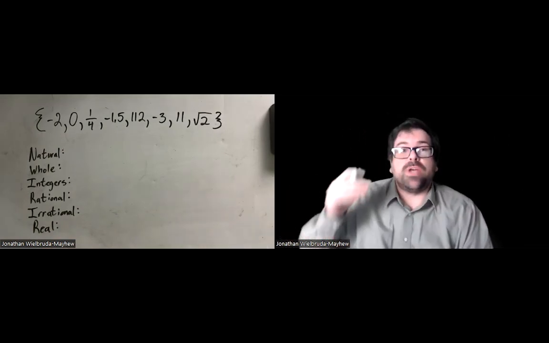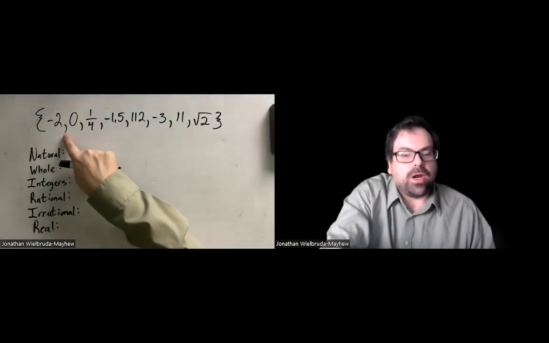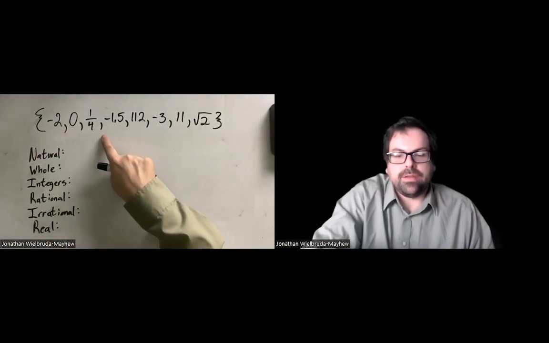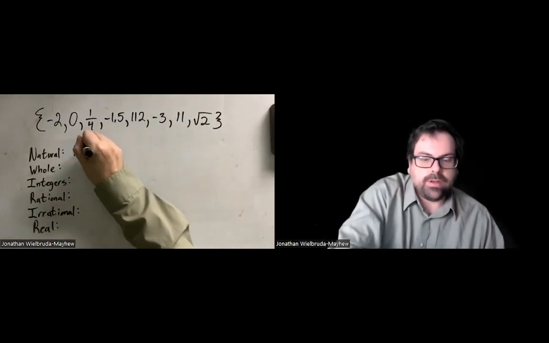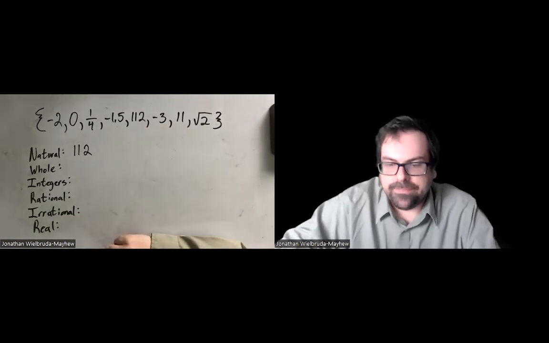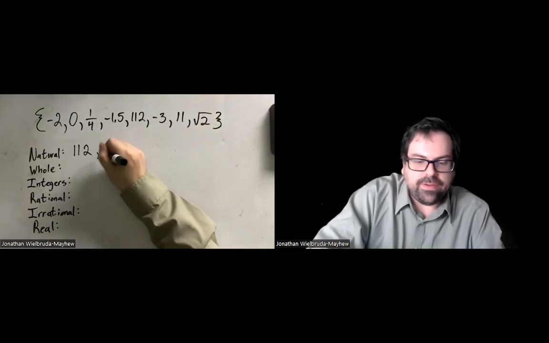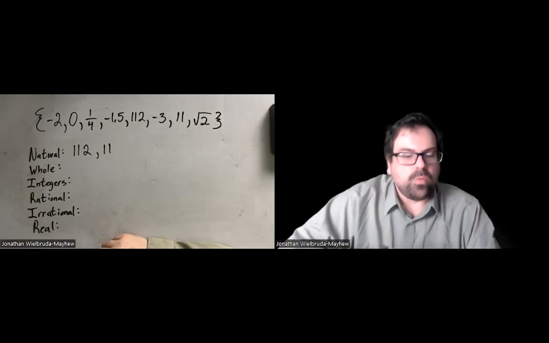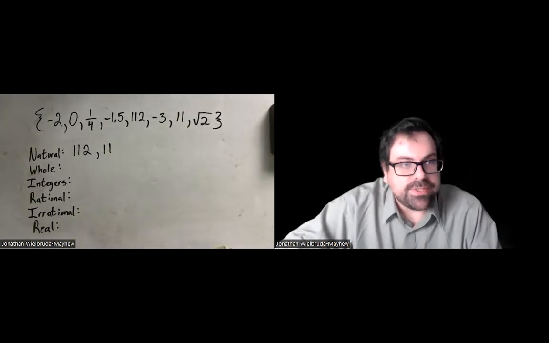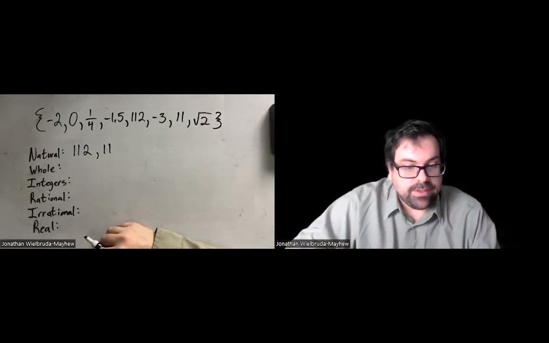So the natural numbers are our counting numbers. As we go through our set, the first one we come to that is a counting number is 112. We also have 11. What's the difference between natural and whole numbers? Well, if we add 0 to the natural numbers, we get the whole numbers.